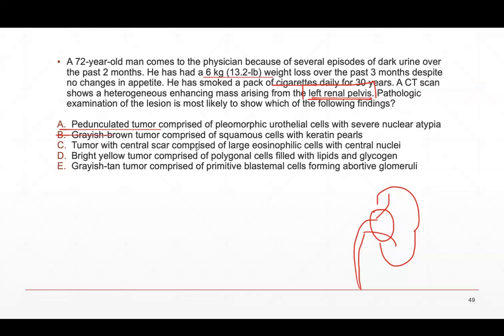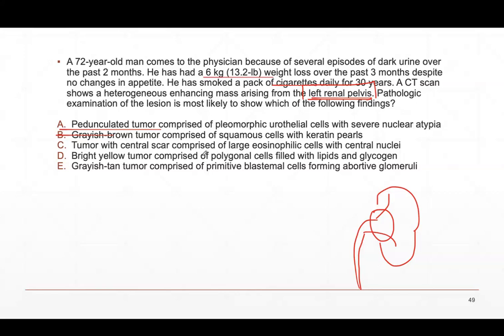Tumor with central scar. Which one is the tumor that has a central scar? It is in your lecture. It's the oncocytoma. And for the oncocytoma, the two main things you want to know are that it has a central scar and the issue is with the mitochondria.